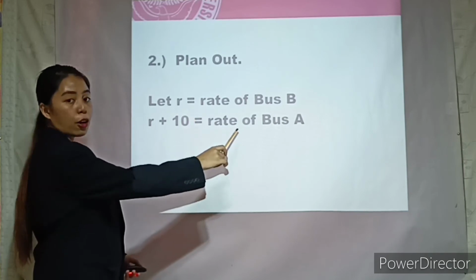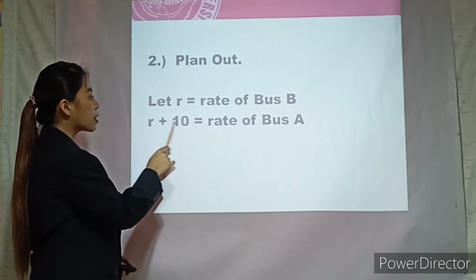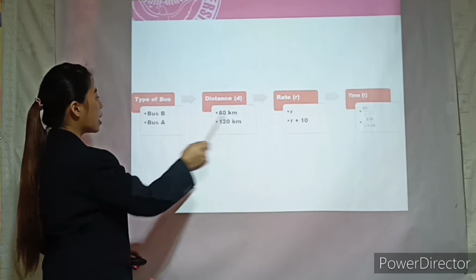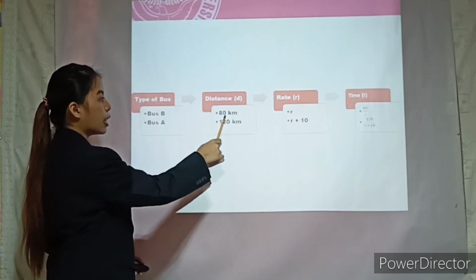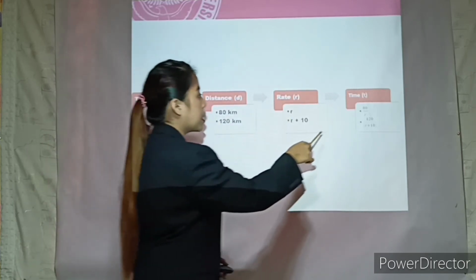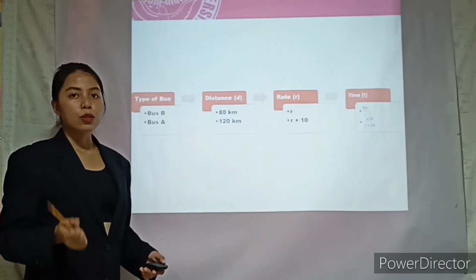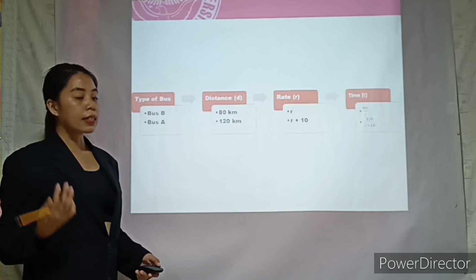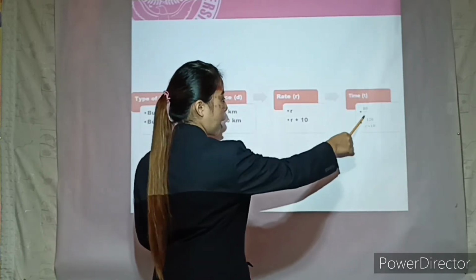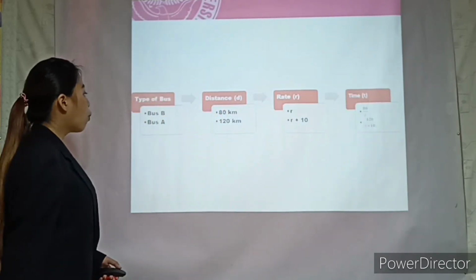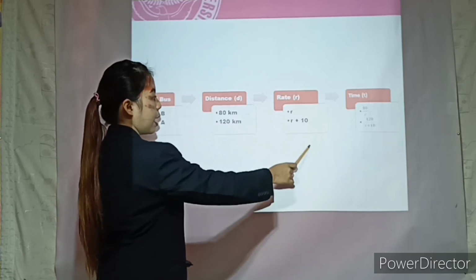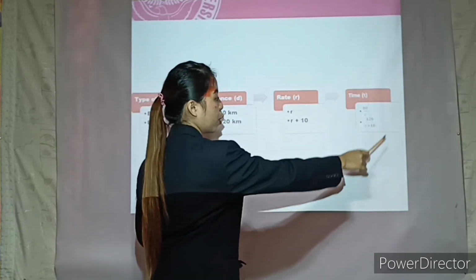So let R be the rate of bus B and let R plus 10 be the rate of bus A. The distance of bus B is 80 km and the rate is R, and since time is distance over rate, the time is 80 over R. While in bus A, the distance is 120 km, while the rate is R plus 10, so the time is 120 over R plus 10.